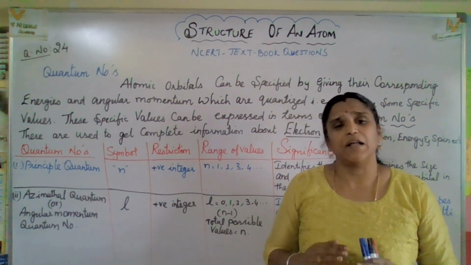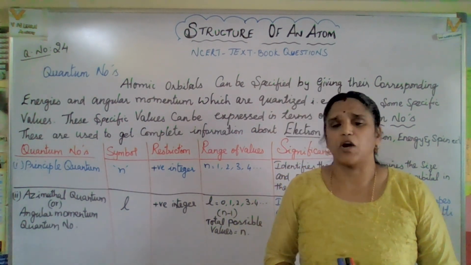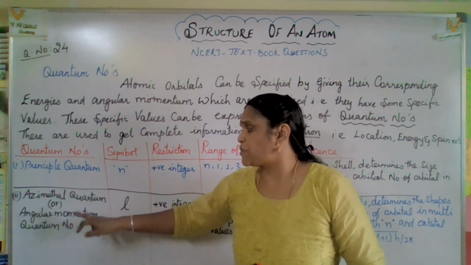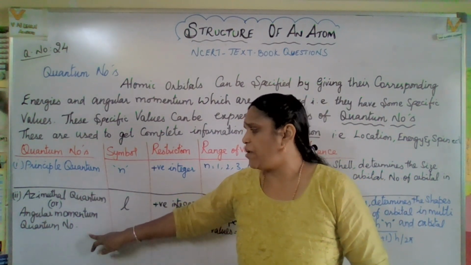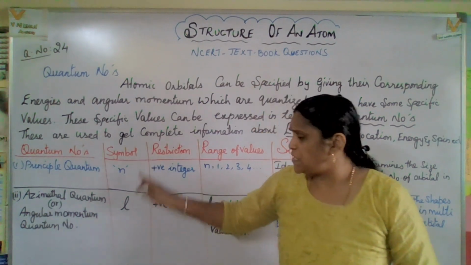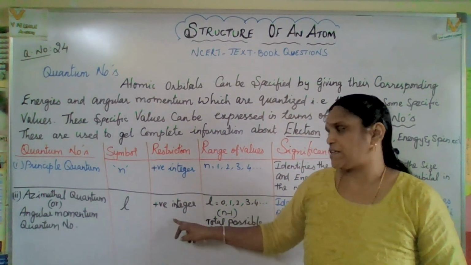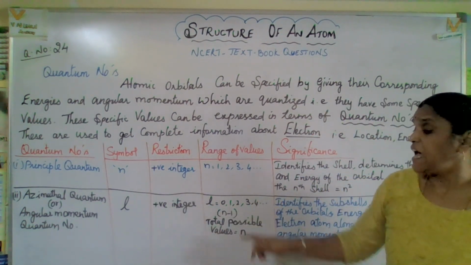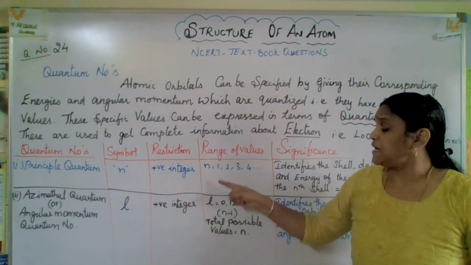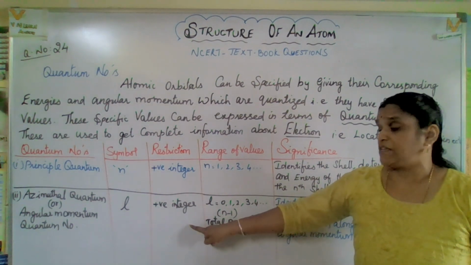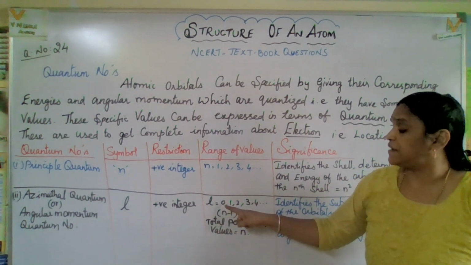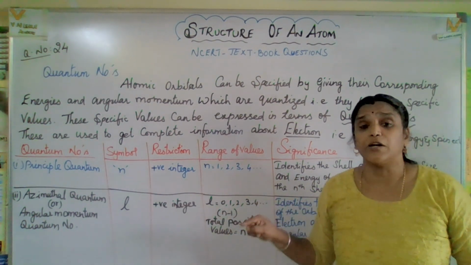Now the second point, the azimuthal quantum number or angular momentum quantum number. We have already gone through Bohr's model of an atom. Its symbol is L, and it is also a positive integer, starting from 0, 1, 2, 3.